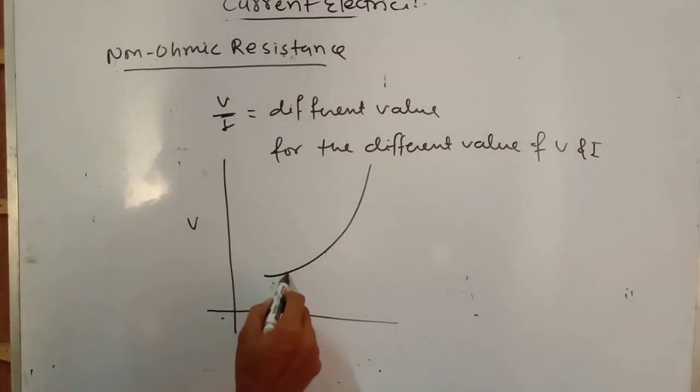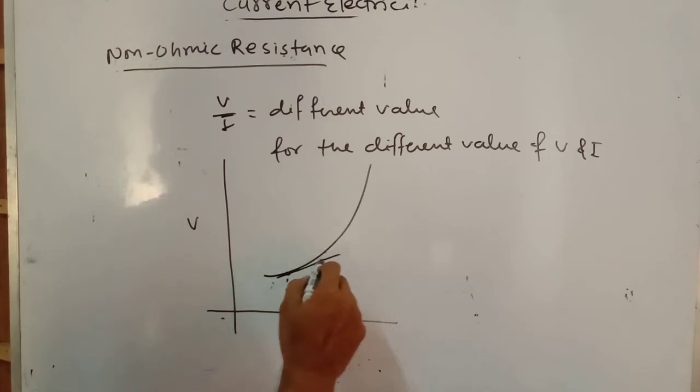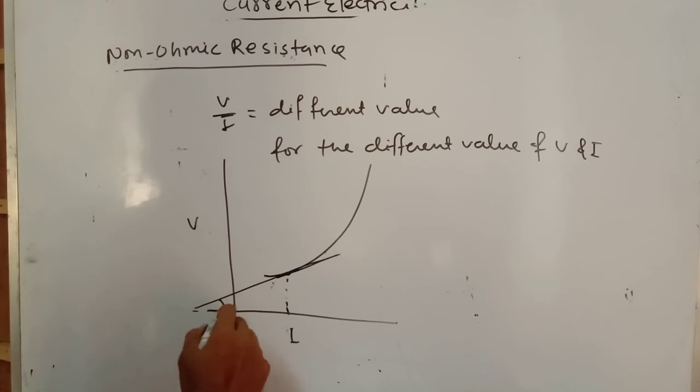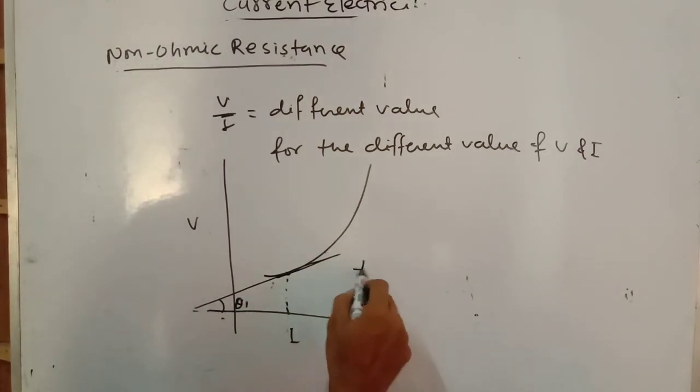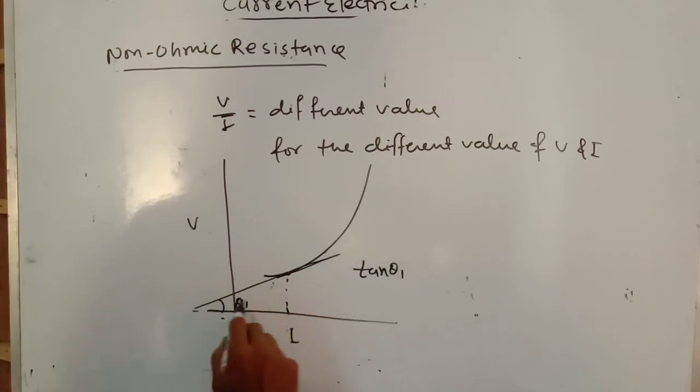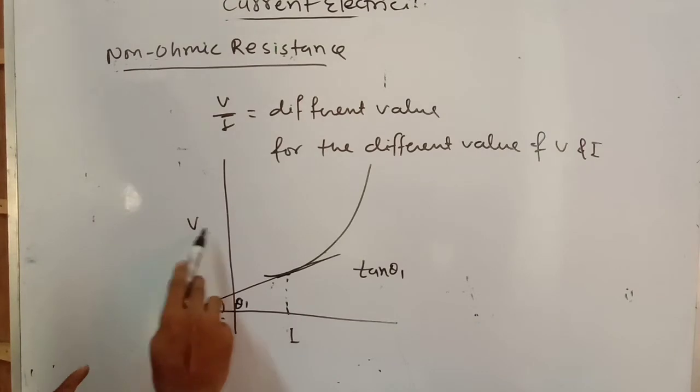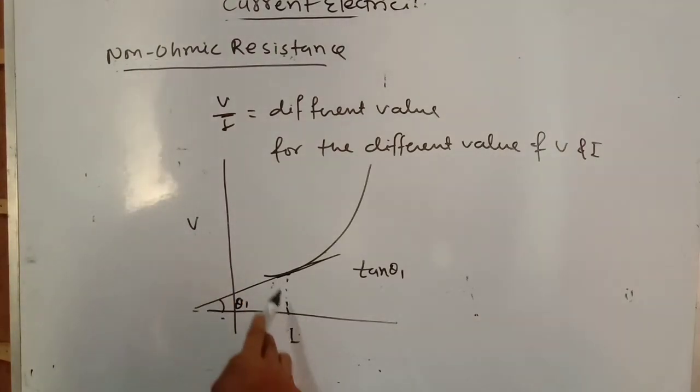So when you find the slope at these points, when you draw the tangent at this point, let it make an angle theta 1 with the positive axis. So tan theta 1 is the slope. Already told, in a potential versus current graph, the slope gives the resistance.